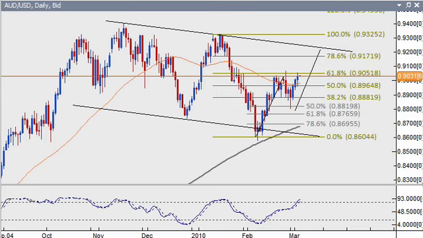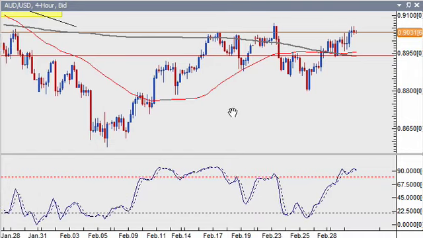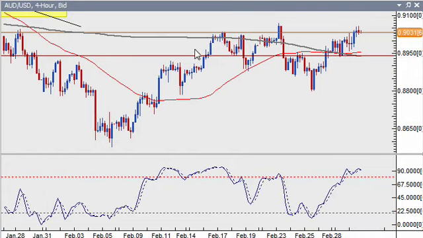Looking at the 4-hour time frame, we see this rally and then this major correction, and this major correction basically had two swings, and now we may be exiting this consolidation.